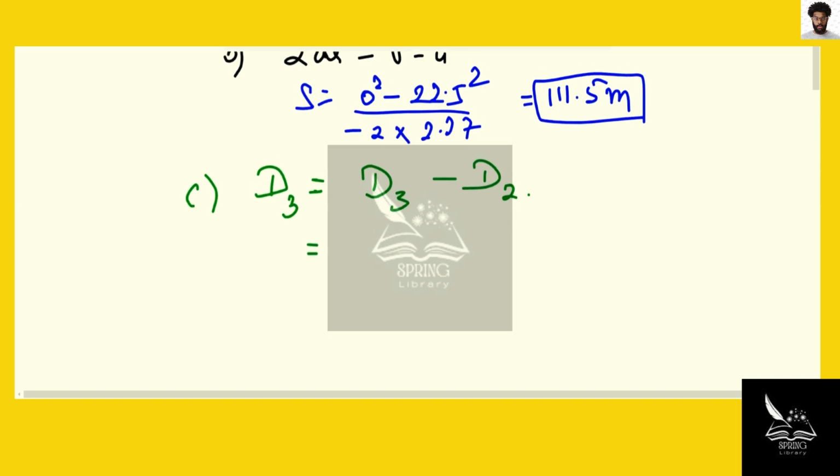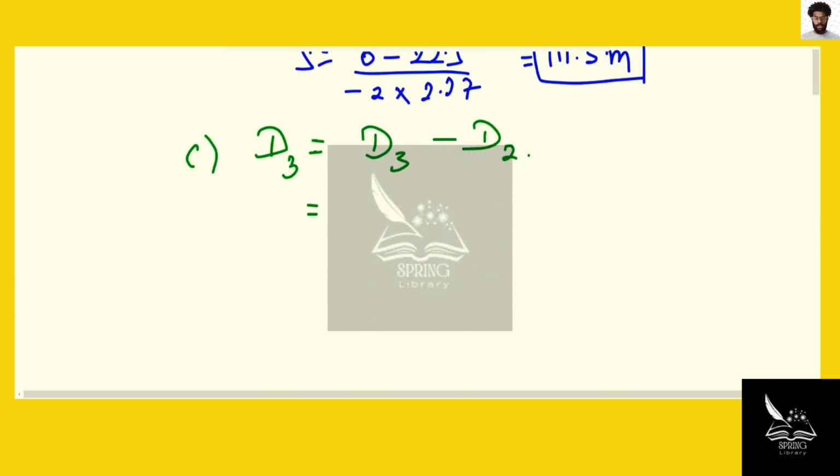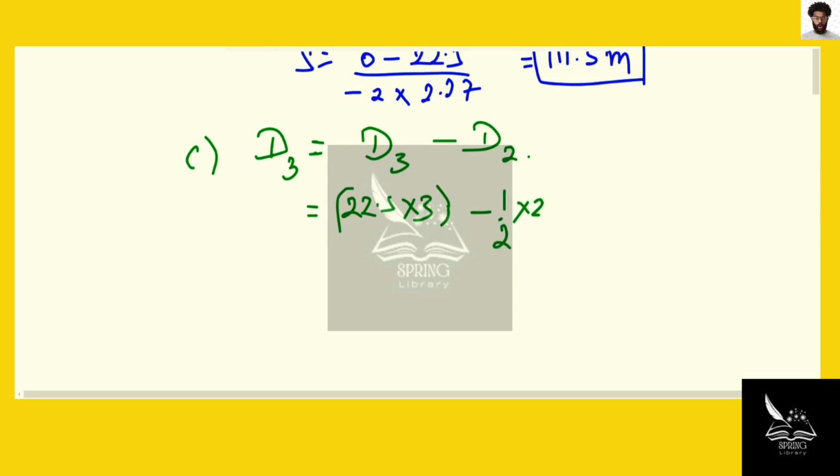In 3 seconds, we can figure out the distance traveled using ut minus half at squared, that is 22.5 times 3 minus half times 2.27 times t squared.